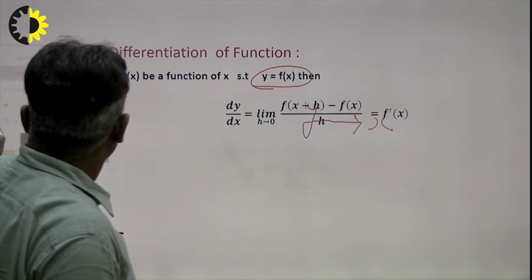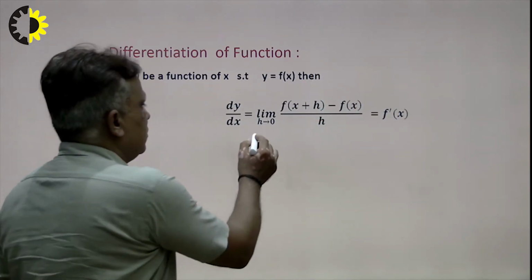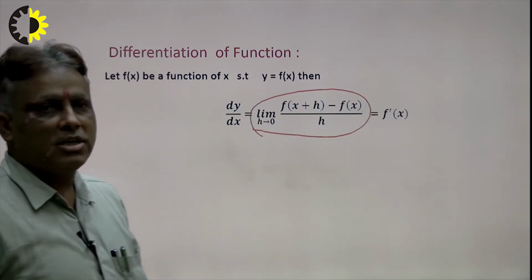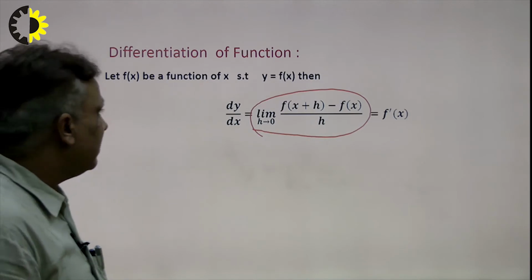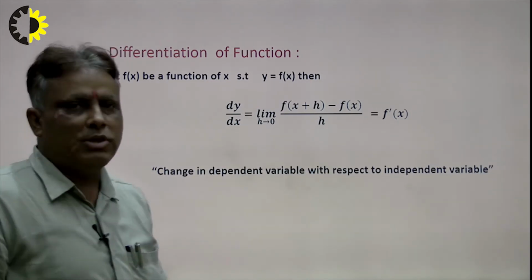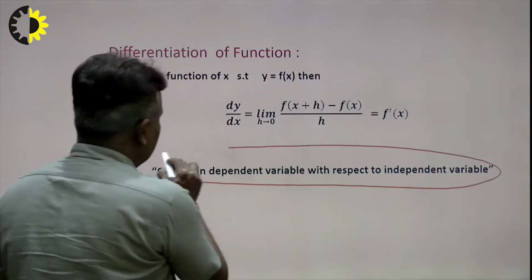What is the definition of differentiation? The limit as h tends to 0 of [f(x+h) - f(x)]/h is known as the first derivative. That means change in the dependent variable with respect to the independent variable, that is the definition of differentiation.